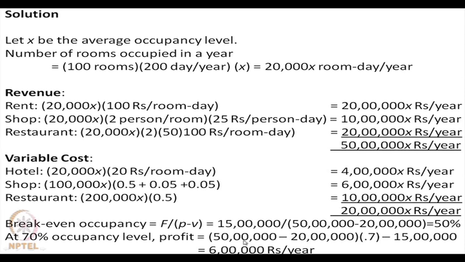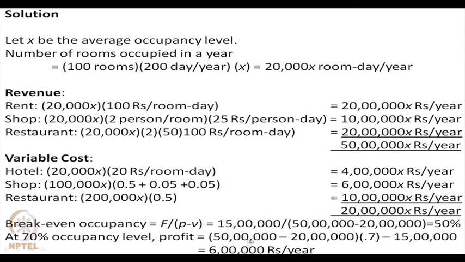Now, if the occupancy level is 70%, then what we need to do is, this is the fixed cost to be subtracted, this is the revenue into 0.7 minus the variable cost, which is 20 lakh into 0.7.